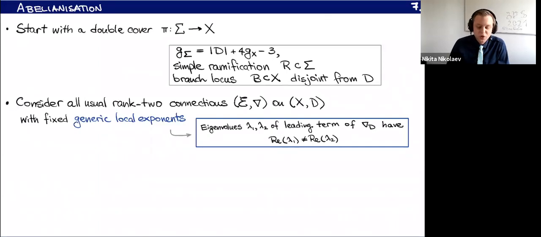I consider all possible rank 2 connections on this pair X, D on the Riemann surface. Again, no h bar, just usual connections. And what I'll fix is local exponents, and I'll fix them to be generic.